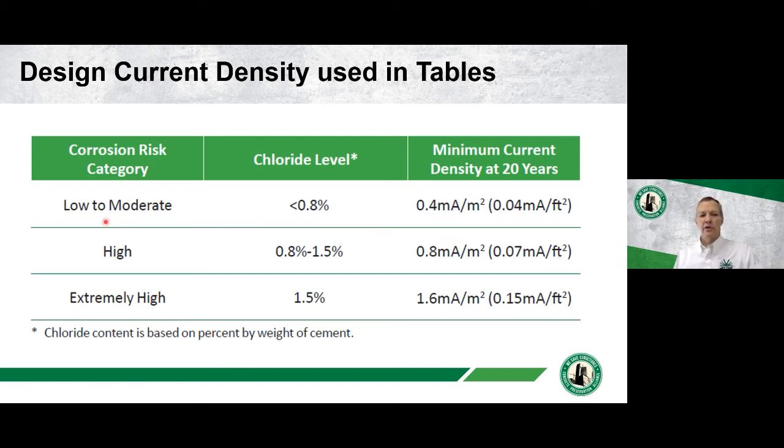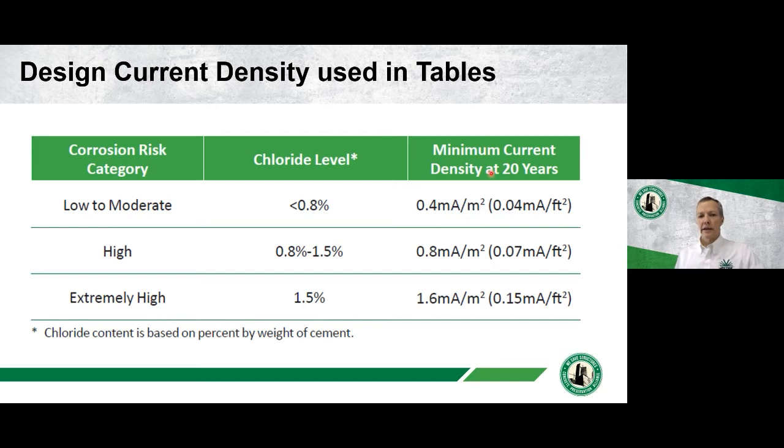If you've got low to moderate chlorides or low to moderate corrosion risk, i.e. chloride level less than 0.8% or carbonated concrete, then we are recommending a minimum current density of 0.4 milliamps per square meter.